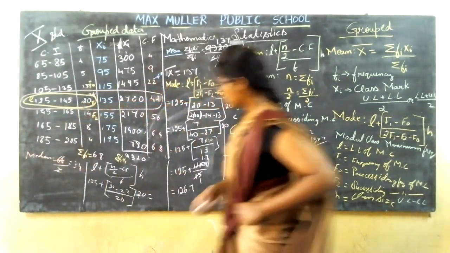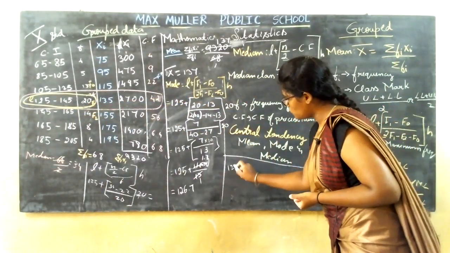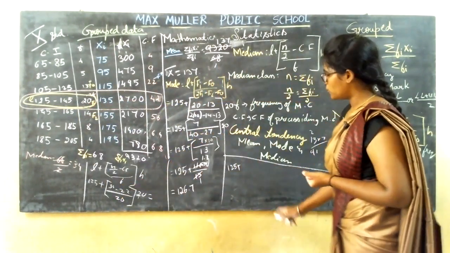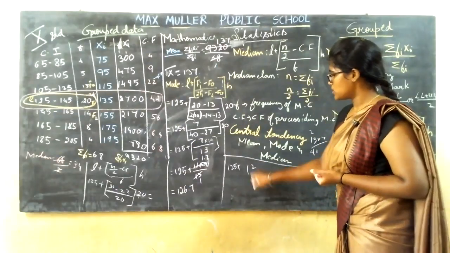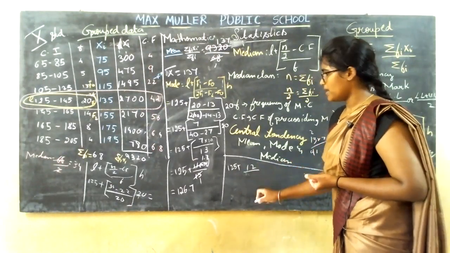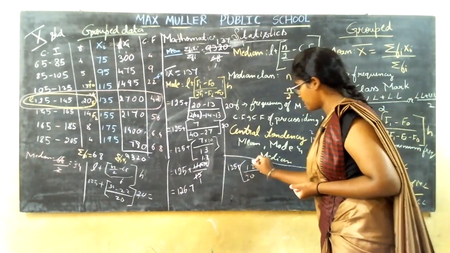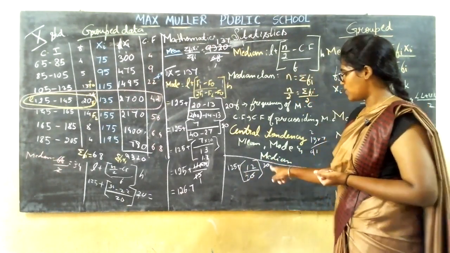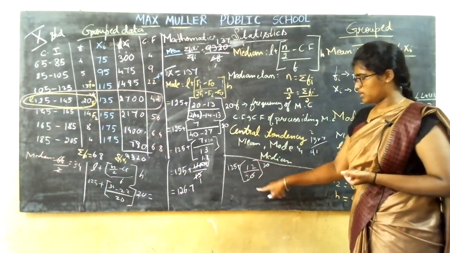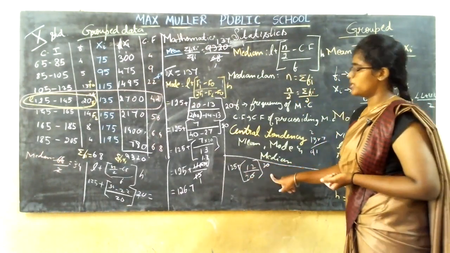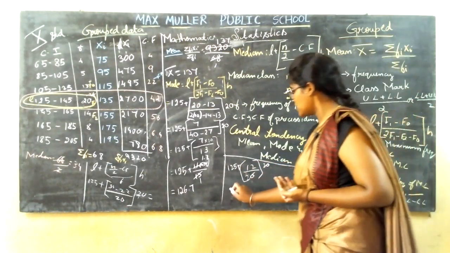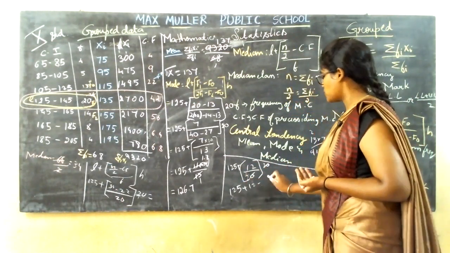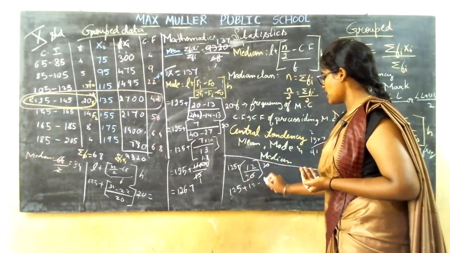This median is being done here. 125 plus 34 minus 22, which is 12, divided by 20 into 20. So this 20 cancels because you are going to multiply 20 to the numerator, not to the denominator. So in the denominator 20, in the numerator 20, both get cancelled. It is 125 plus 12, which is 5 plus 2 is 7, 2 plus 1 is 3, and 1: 137.